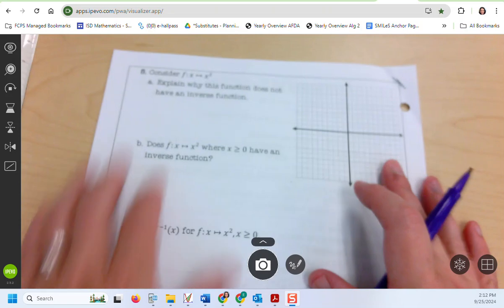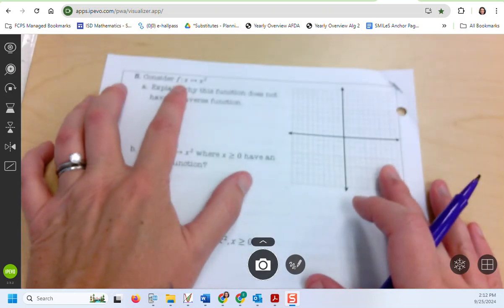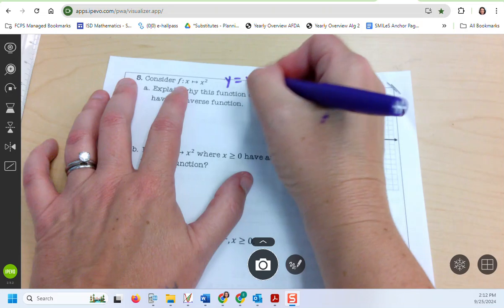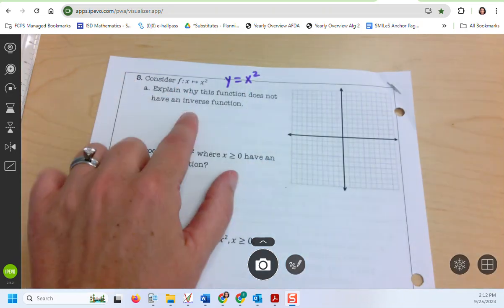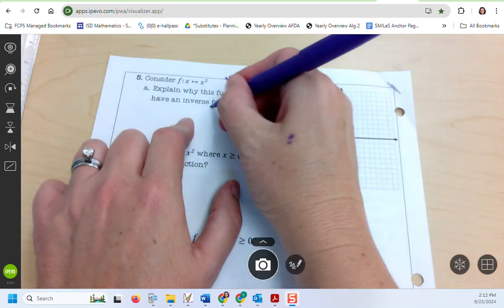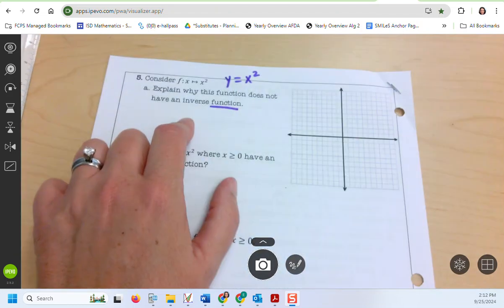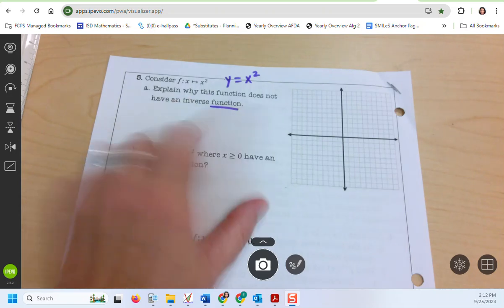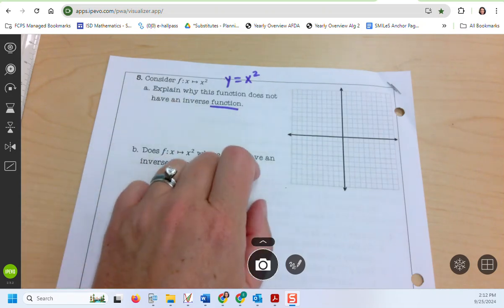Okay, so consider the function, again, this means the same thing as y equals x squared, okay? It says explain why this function doesn't have an inverse function. I want you to think about that for a moment. You can talk to a neighbor, you could graph it, graphing it might help you think about it, right?